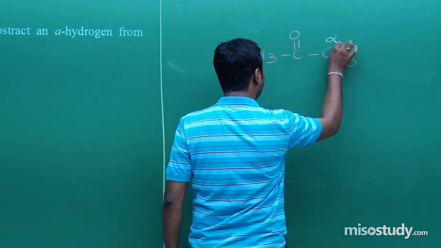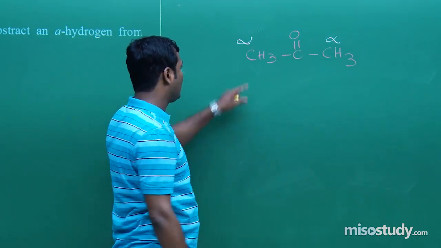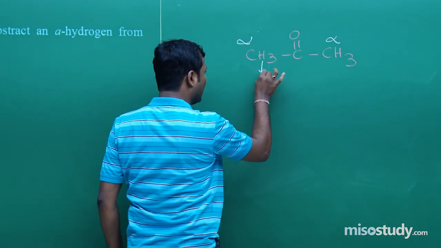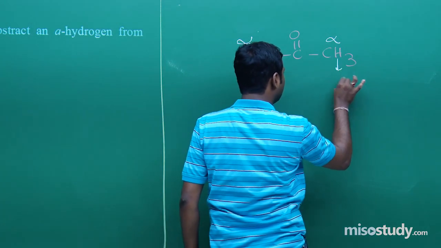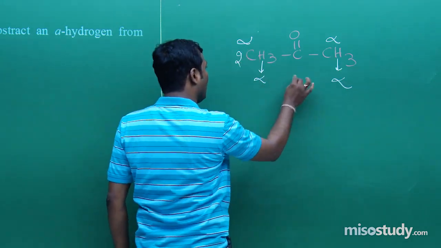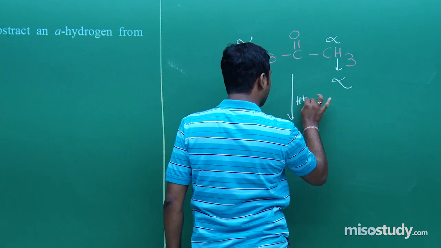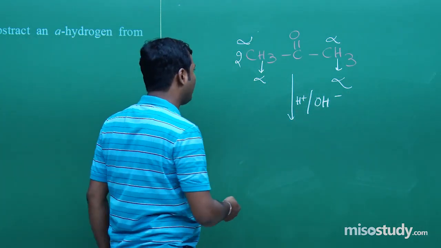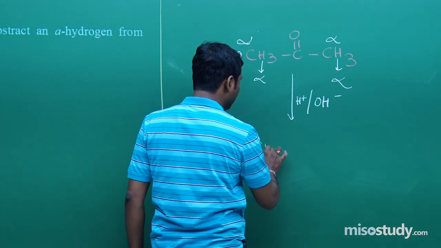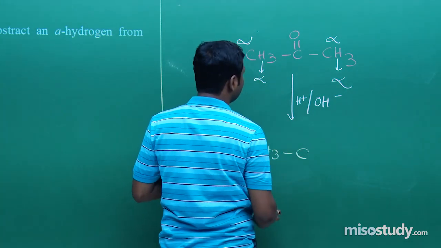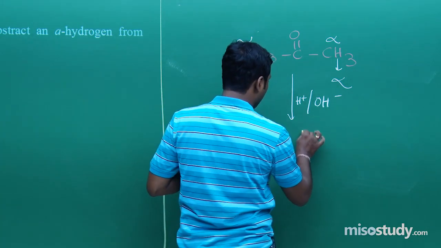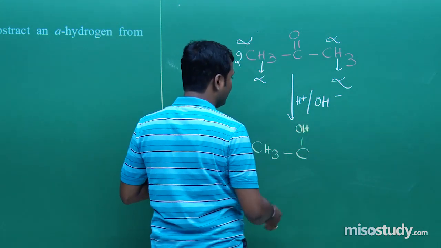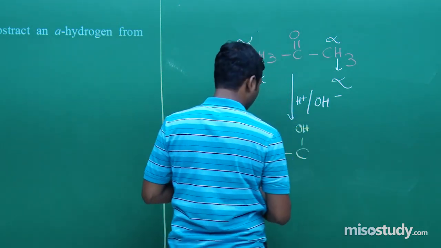This one is an alpha carbon and this one is an alpha carbon, so these hydrogens are alpha hydrogens. So what will happen in presence of acid or base? They give CH3 and then CHO. Clear to you?